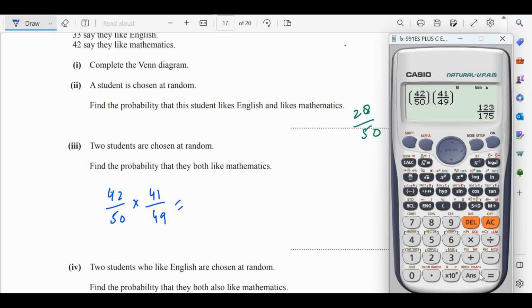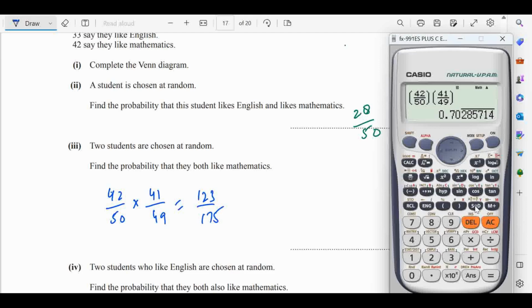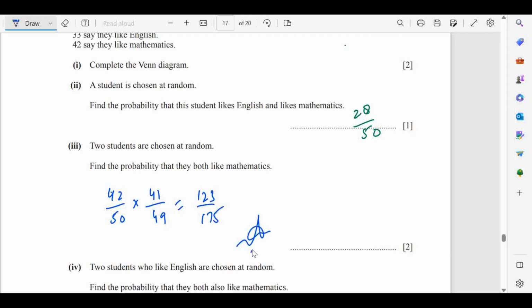So this will be equal to 123 by 175, and if we convert it, this will be the final answer for the third part.